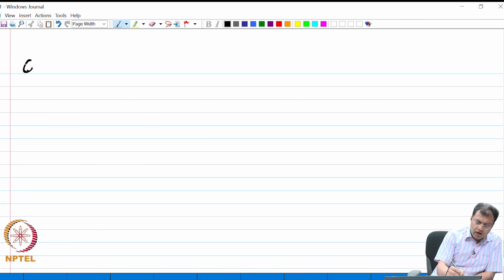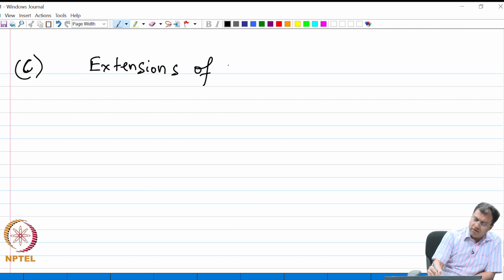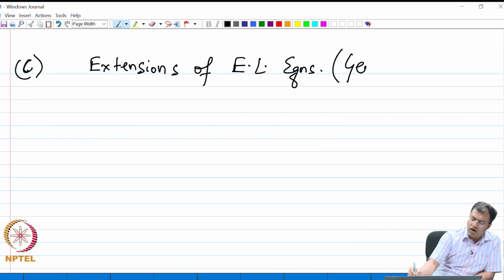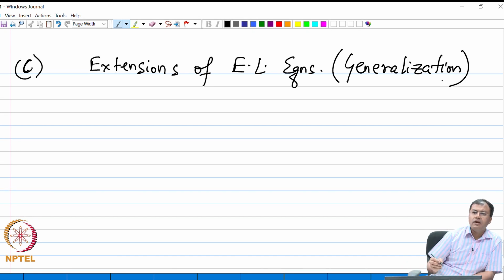So, I call this case C. What I am going to discuss in this third case is extensions of Euler-Lagrange equations, or in short I would like to generalize my Euler-Lagrange equations for functionals containing integrands having higher derivatives, and several other generalizations which we will see one by one. So, under this, let us look at the first type of generalization.